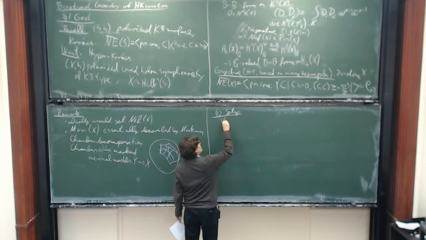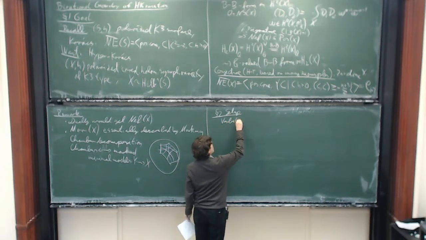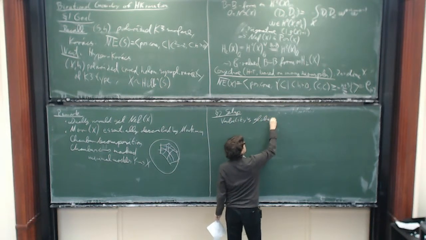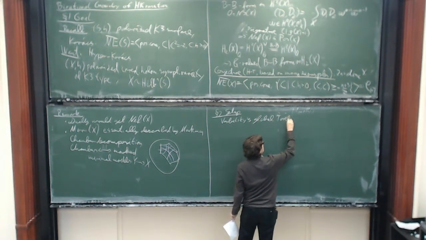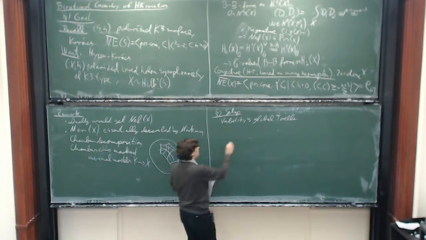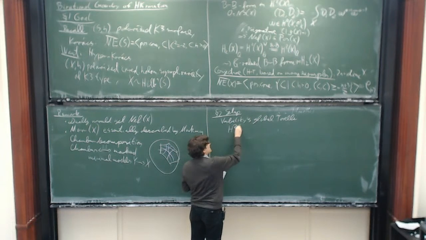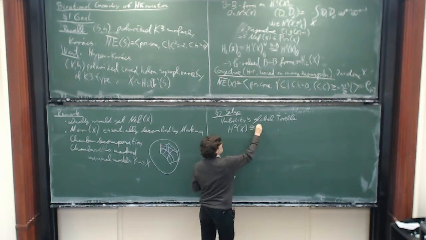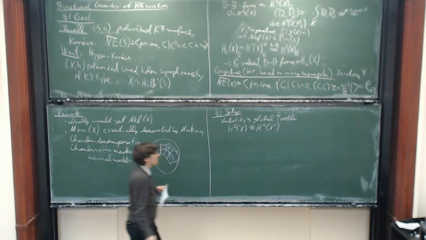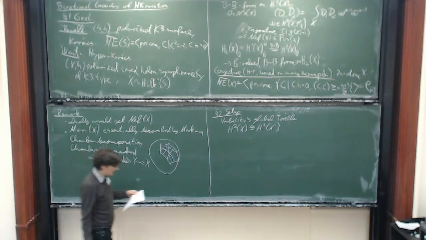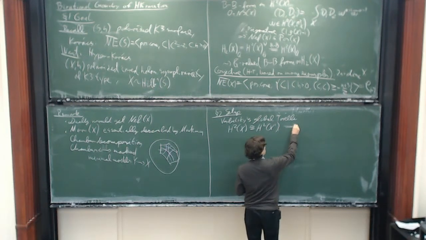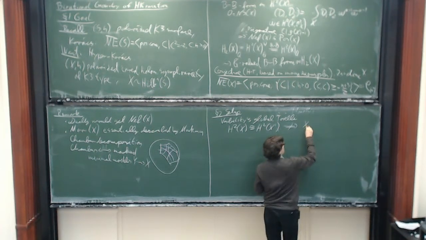Of course, there is Verbitsky's global Torelli for hyperkähler varieties, but note that if I have two such K3 type irreducible holomorphic varieties, simply hyperkähler varieties, then it doesn't automatically follow that they are birational.